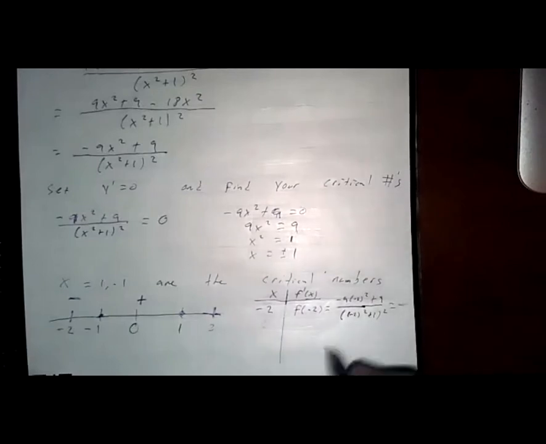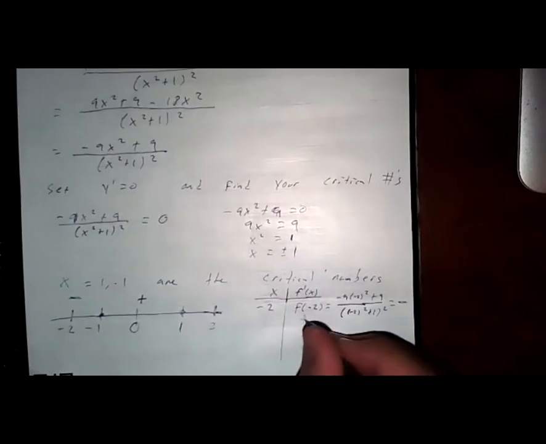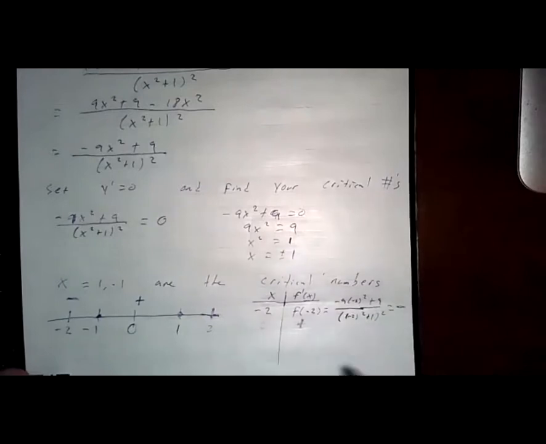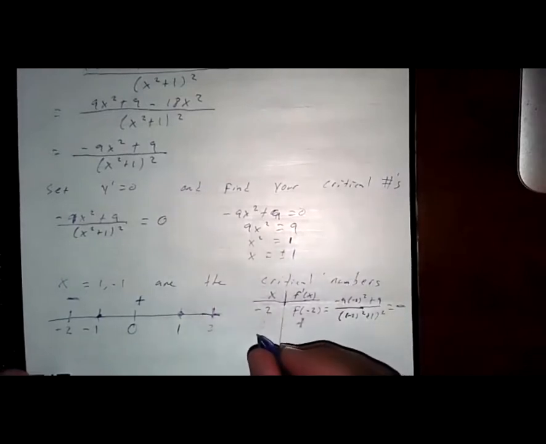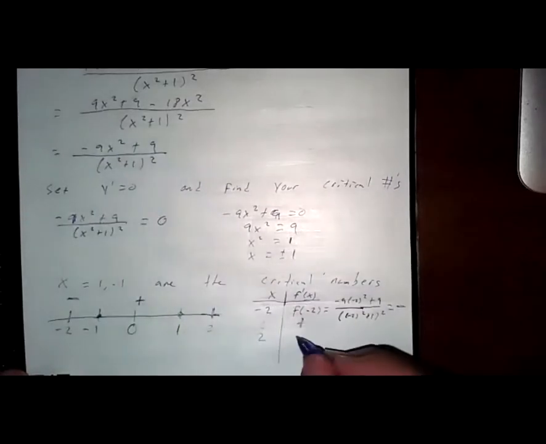So this will be minus, plus. And then this guy would be the same output as this because we're squaring it, so it'll be negative.